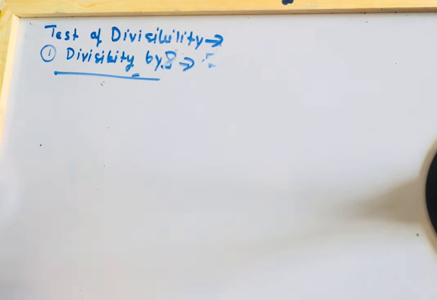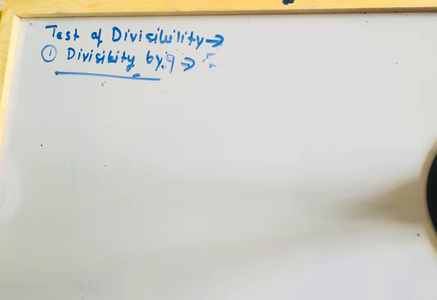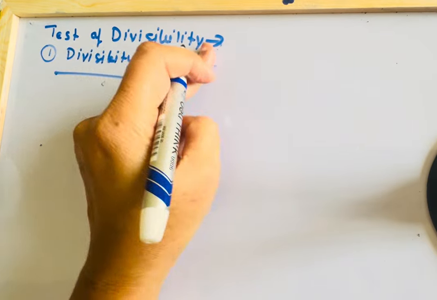Now, if any number is given, how do you check whether that number is divisible by 9 or not?